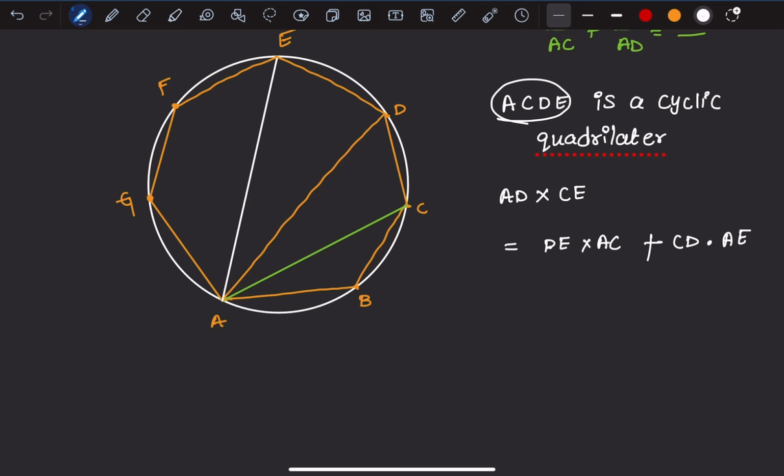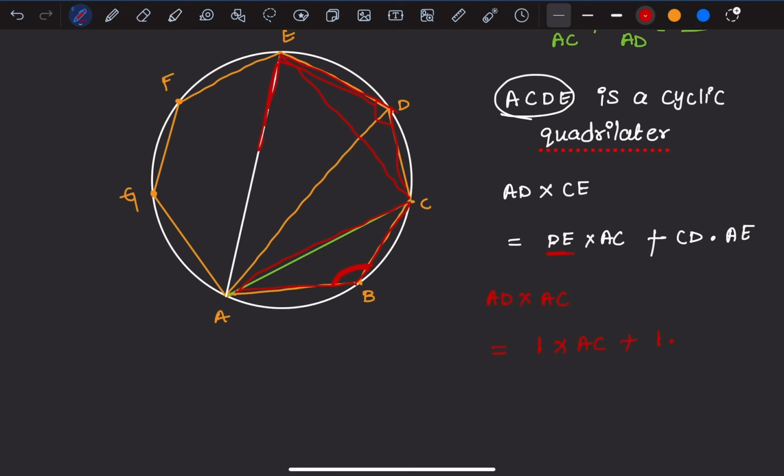Now your CE will be equal to AC. So instead of CE, we write AD multiplied by AC is equal to DE, which is the side length given as 1, multiplied by AC, plus CD, which is again the side length given as 1, multiplied by AE.